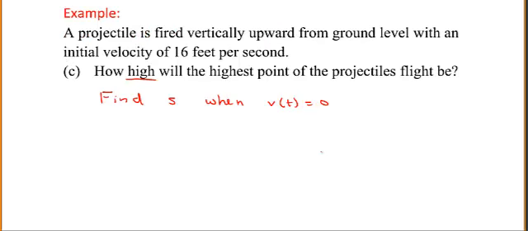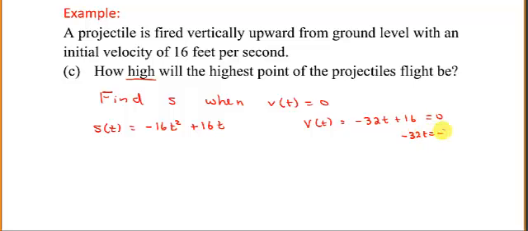Now, from before, we had that S of t was equal to negative 16t squared plus 16t, and v of t was equal to negative 32t plus 16. So let's set this v of t equal to 0. When v of t is equal to 0, we'll have negative 32t is equal to negative 16, and so t is equal to 1/2.